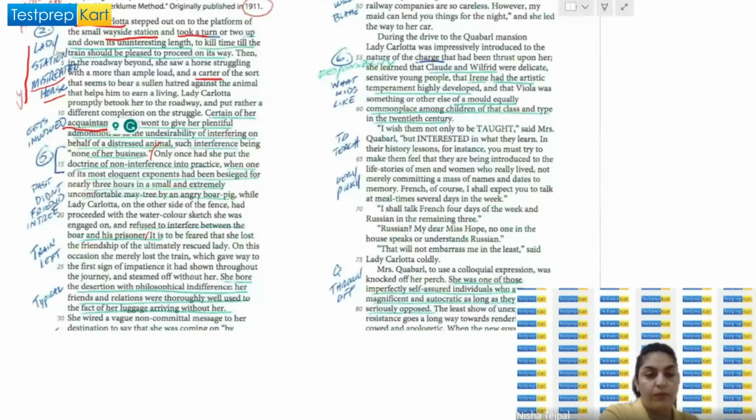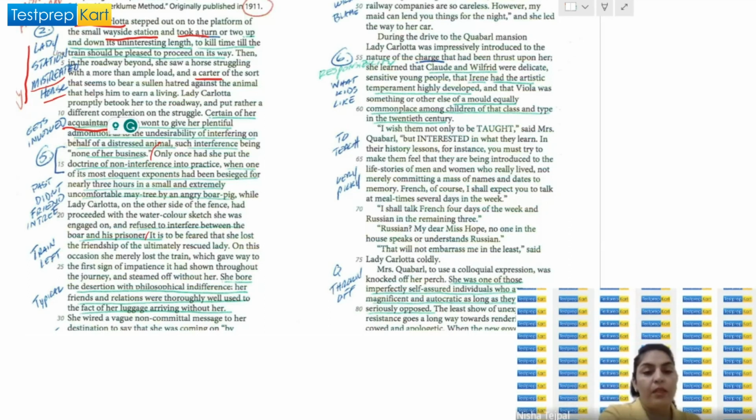It's a long sentence from only to prisoner. Okay. So what is happening in these lines? Now she is trying to go toward the boar pig, which means a big or large sized, male pig. She is trying to reach there, and she is now getting into her practice of interference, where she interferes in other people's matters.